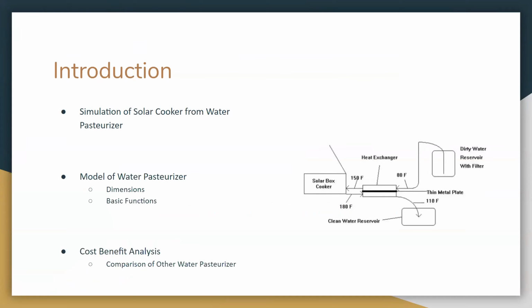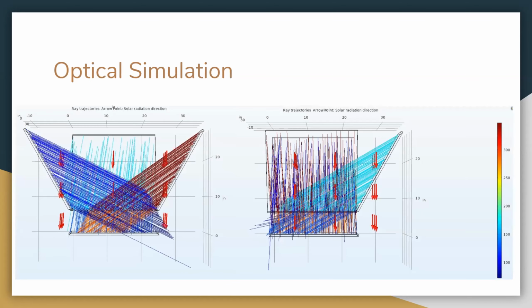We'll look at the cost benefit of implementing a parallelization part at the beginning of the flow-through device by preheating and filtering the water at the same time, and compare this device to other water pasteurization devices. I'll give it up to Carl to talk about the simulation of the solar cooker part.